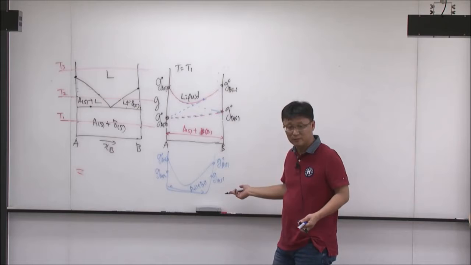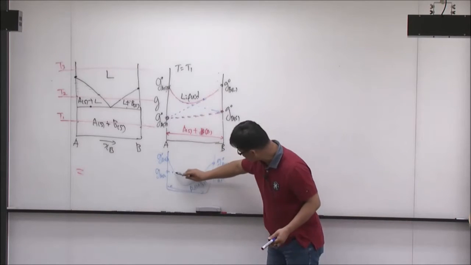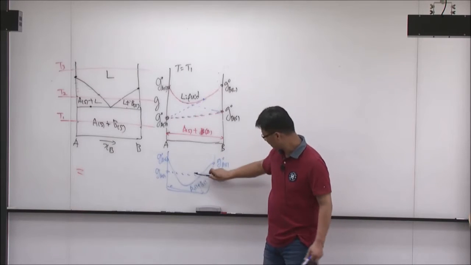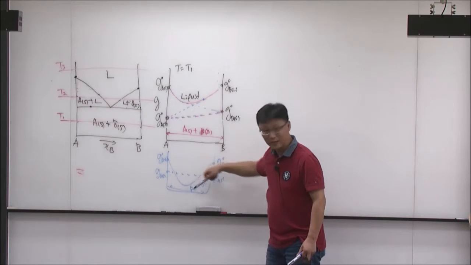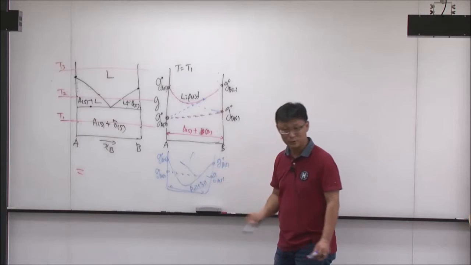This doesn't make sense. Whatever you draw, below this common tangent line, liquid is more stable than this common tangent line. So the phase notation and the diagram don't match each other. This is completely wrong, yeah?